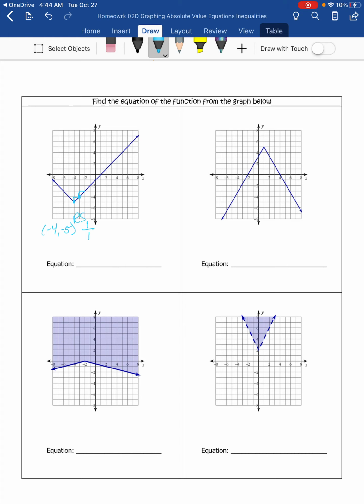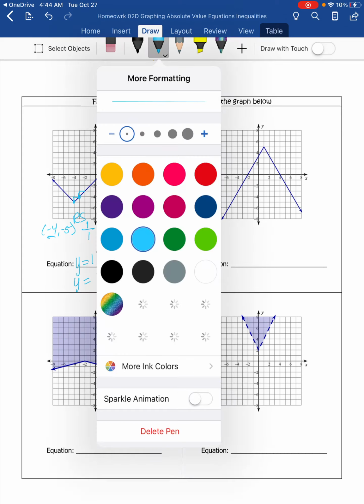And so my slope is 1/1. I'm going to use that to write my equation. So this is x plus 4. On the outside, it's -5. And my slope is 1. You can put the 1 here, or you can do x plus 4 minus 5, and you don't have to have the 1 there.